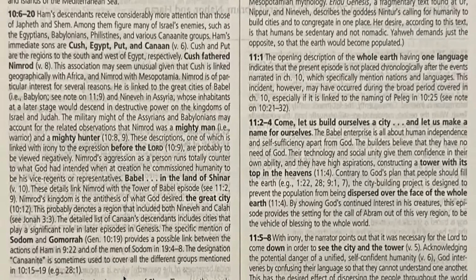I noticed a few things as I was reading the actual text, about some of the names in Ham's descendant list, and how there was strife that came with those descendants.